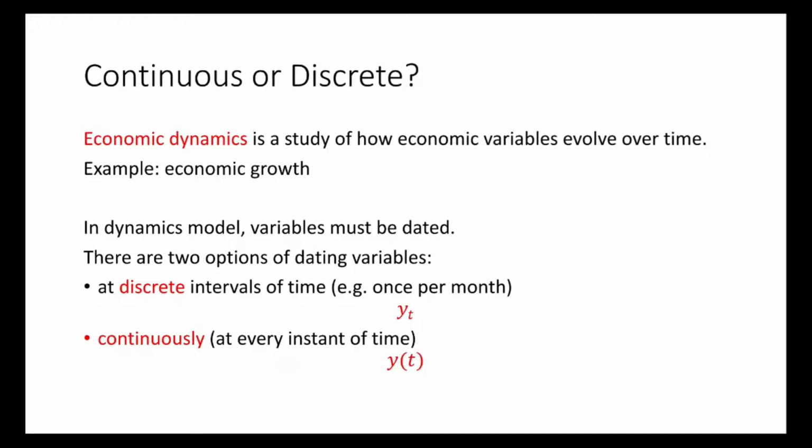While if you want to measure by using continuous dating variables, then we use y of t, the variable with brackets t. Both t give us the notation of time, but how they measure are different. The first one we measure discretely, the second one continuously.